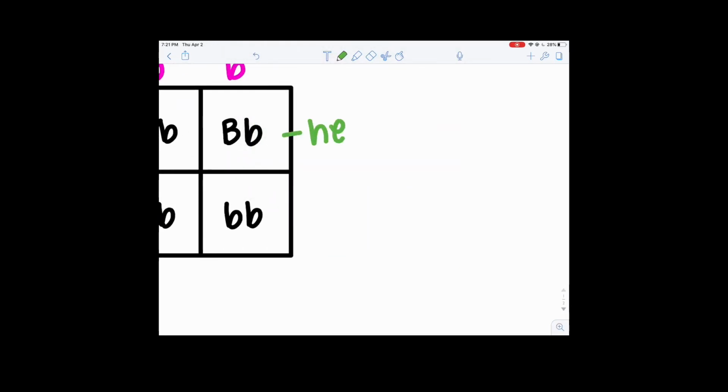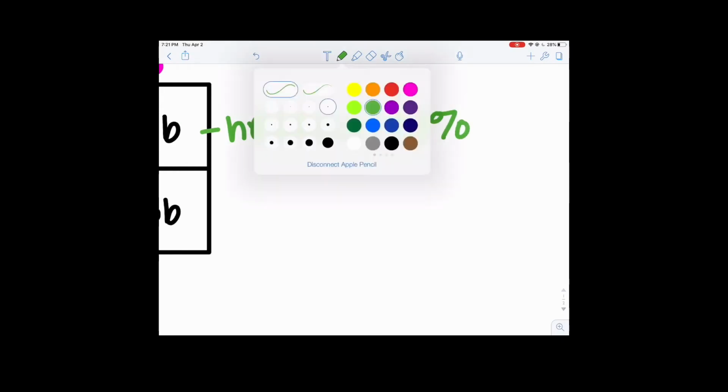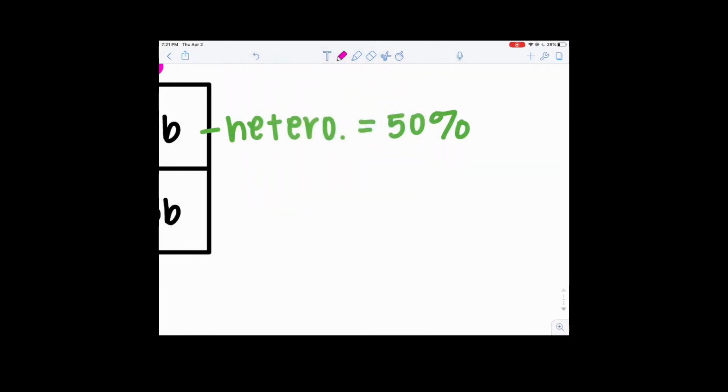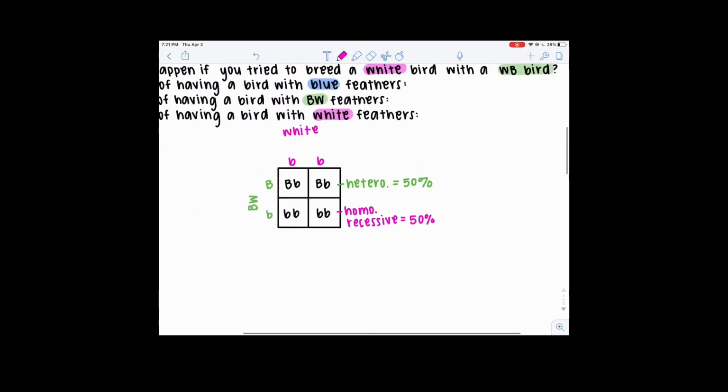Here I'm labeling the heterozygotes, and there are 2 out of 4 of them, which is 1/2, or 50%. And this is homozygous recessive, and there are 2 out of 4 of them, which is the same thing as 1/2, or 50%.